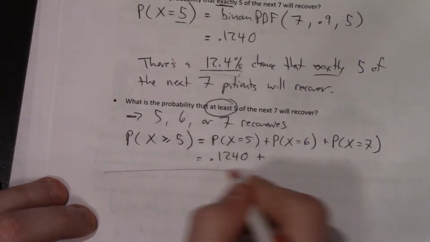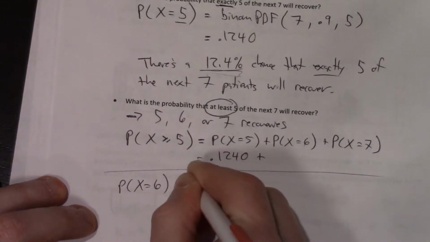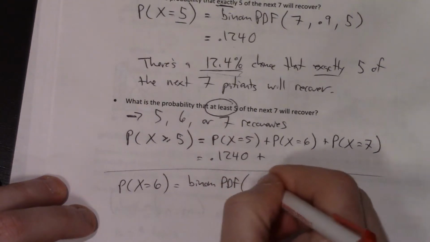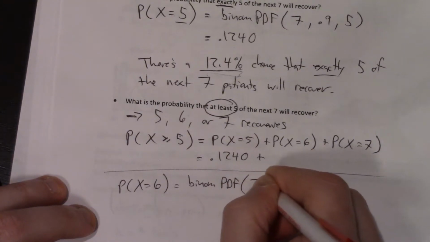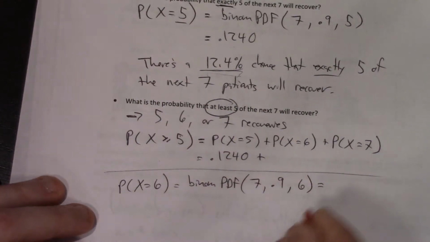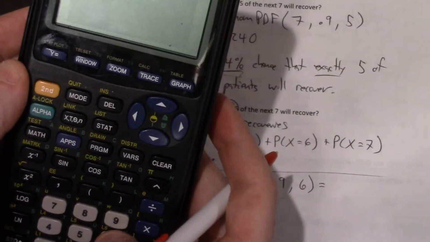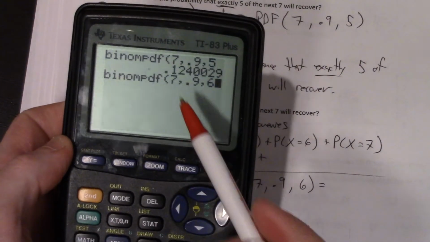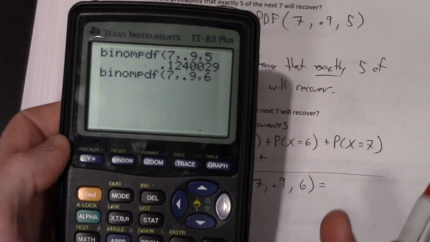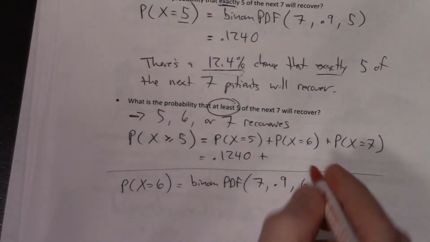So if we wanted the probability that X is 6, we can still use the binomial PDF function. So n is still 7, p is still 0.9, but now we want 6 successes. So get to your binomial PDF, 7, 0.9, and 6, and you get 0.3720.